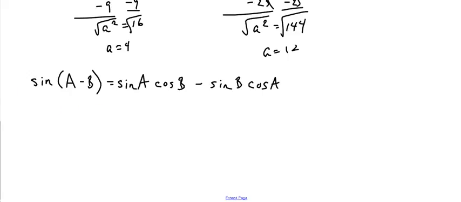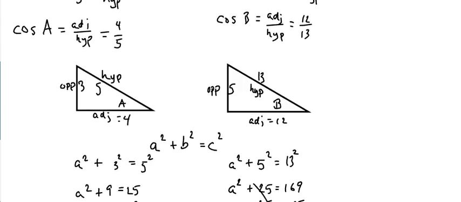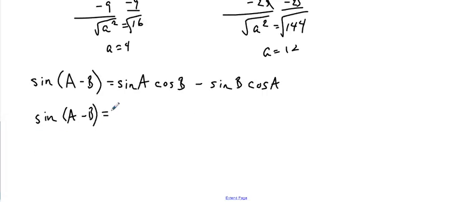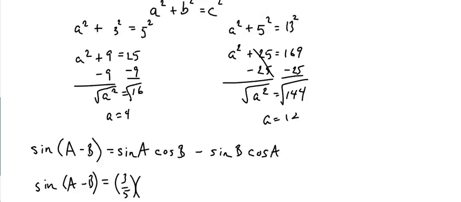So equals, let's do sine A first. So sine A, we know, is 3 over 5. And we put that in parentheses. The cosine of B, we found that to be 12 over 13.